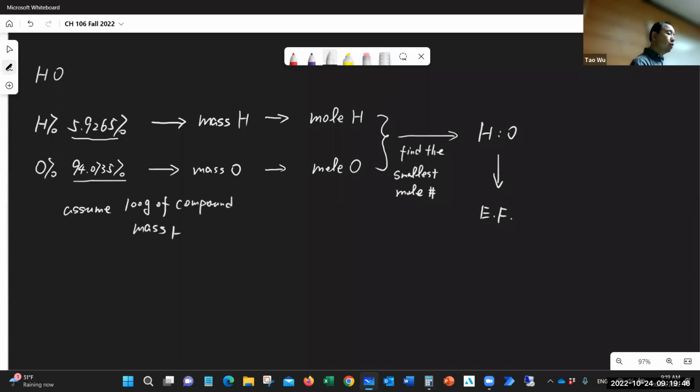The mass of hydrogen will be equal to 5.9265% times 100 gram, which is 5.9265 gram of hydrogen. The mass of the oxygen is done the same way: this percent times 100 gram gives 94.0735 gram of oxygen.